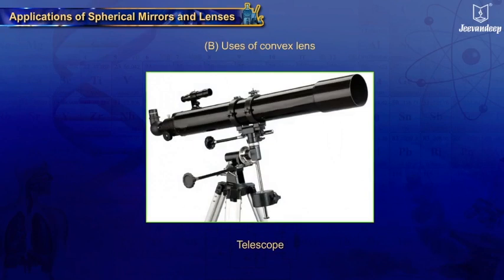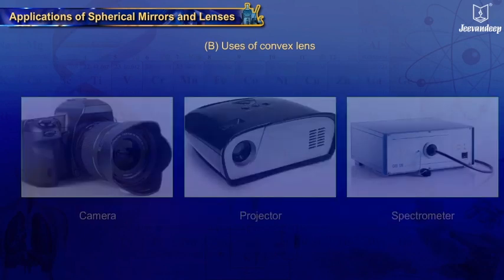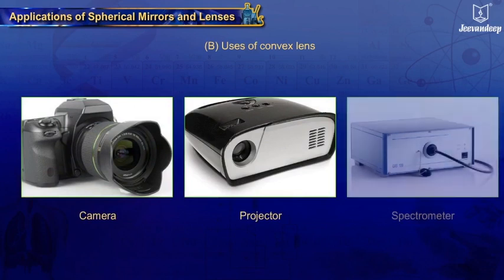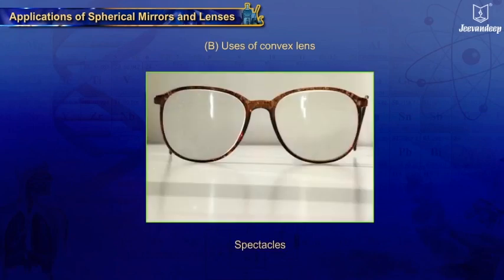An astronomical telescope is used to get a detailed view of astronomical bodies like the planets, stars, etc. Optical instruments. Convex lenses are used in different optical instruments like camera, projector, spectrometer, etc. Spectacles. Convex lens is used in spectacles to correct defects like hypermetropia.